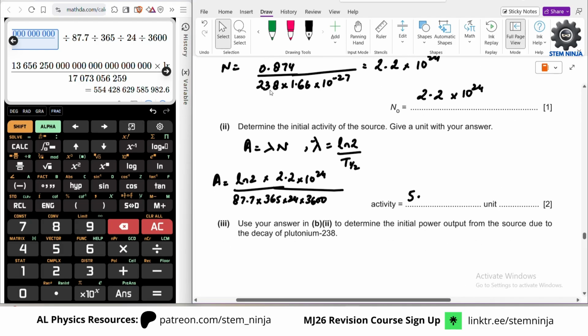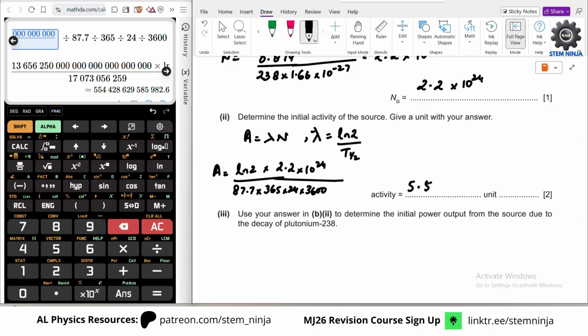They're giving us three significant figures, so we can write 5.54 times 10 raised to power 14, and the unit for activity is either per second or becquerels.